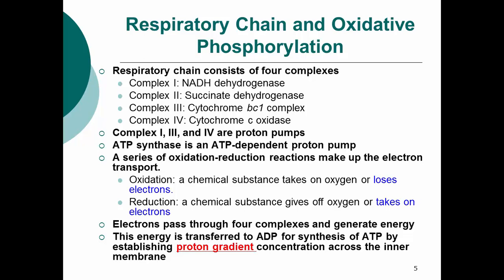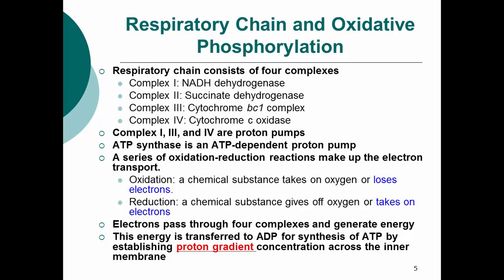Complex 1, 3, and 4 are proton pumps, meaning that these enzymes are localized in the inner mitochondrial membrane and can function as a proton pump. They can pump protons out of the inner mitochondria across the inner mitochondrial membrane and generate a proton gradient.